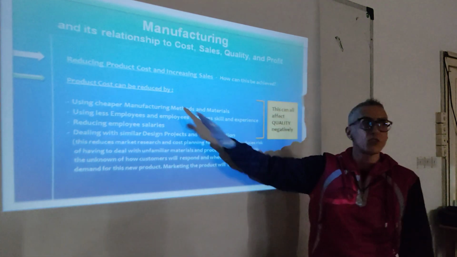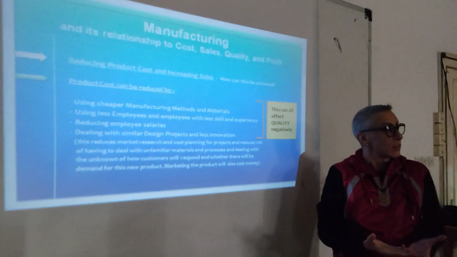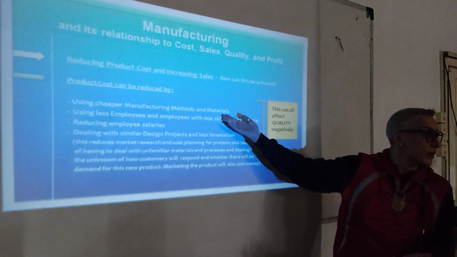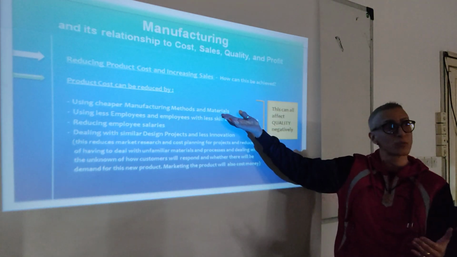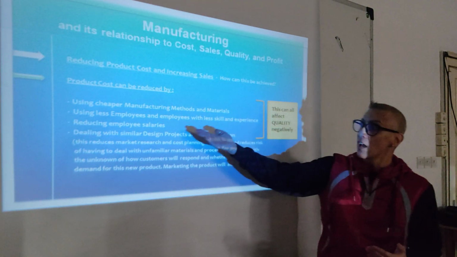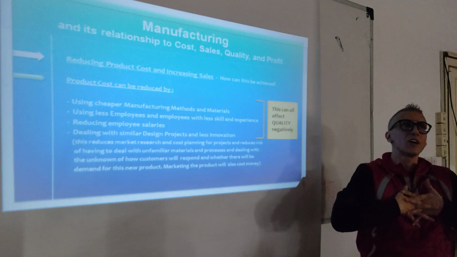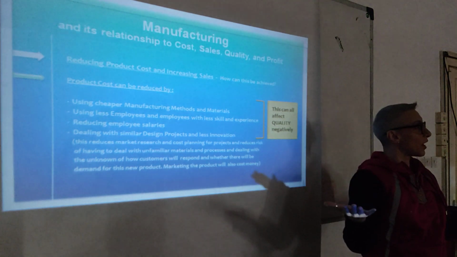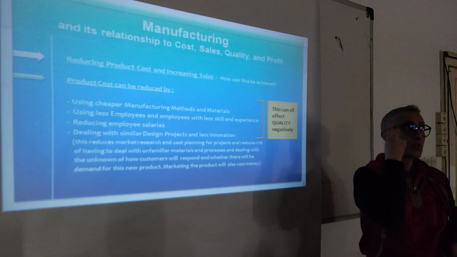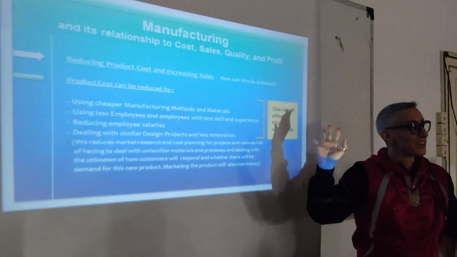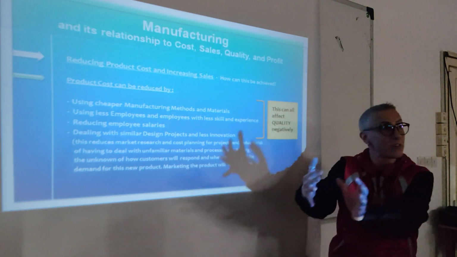If you use cheaper methods to make a design and cheaper materials, of course the final cost will be lower. Another is using fewer employees in the company. So, instead of employing 10 designers, I employ just 2 or 1 to do all the work. Okay? This will reduce the final cost.